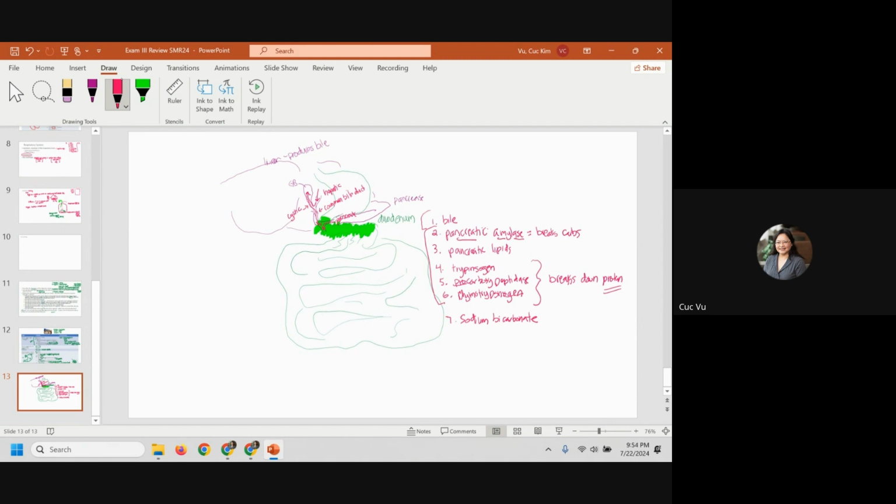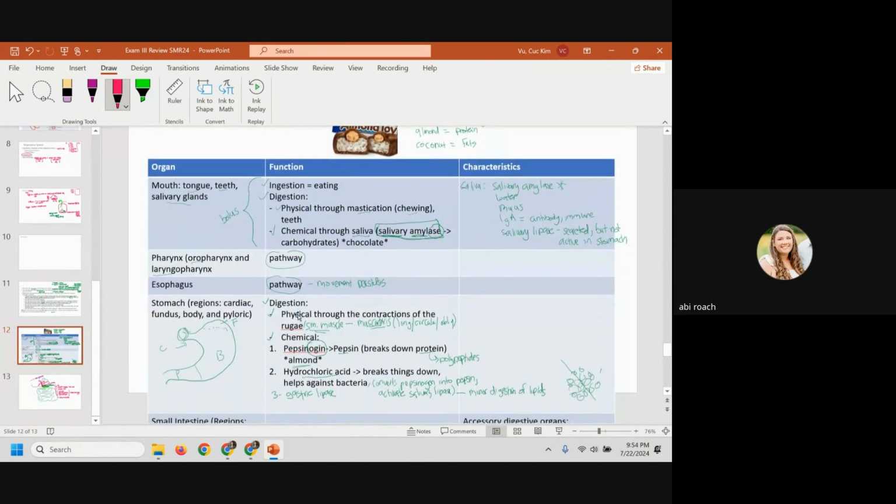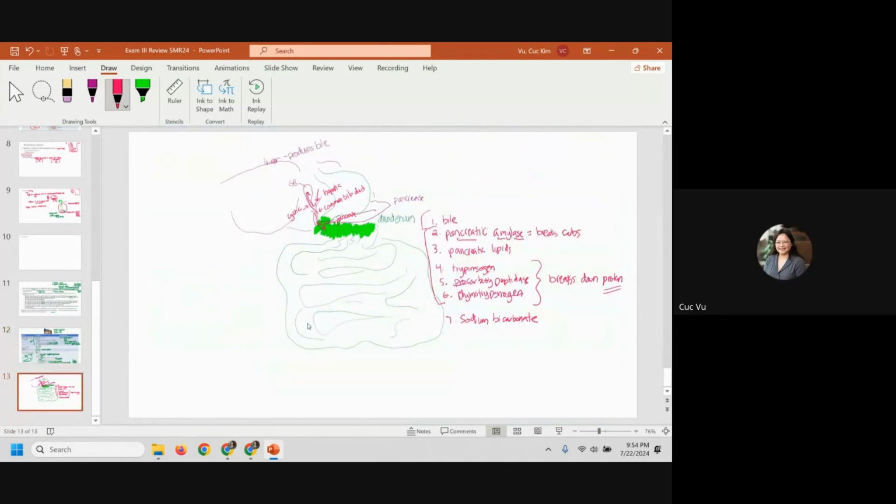So that's why we say that the majority of chemical breakdown really occurs in the small intestine, which makes sense then for what follows. You've got chemical digestion in the small intestine, but you also have what? Absorption. Yes.